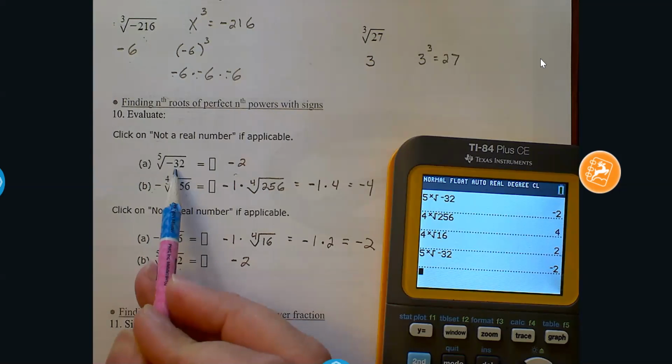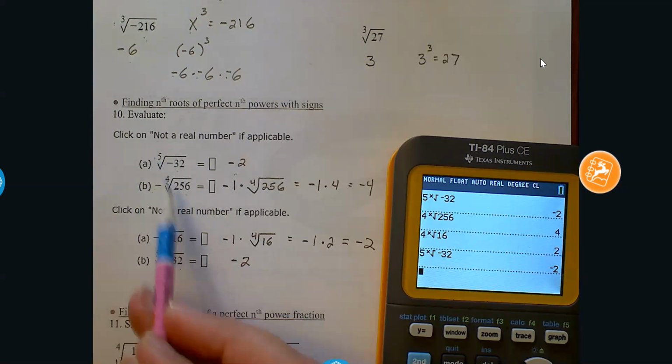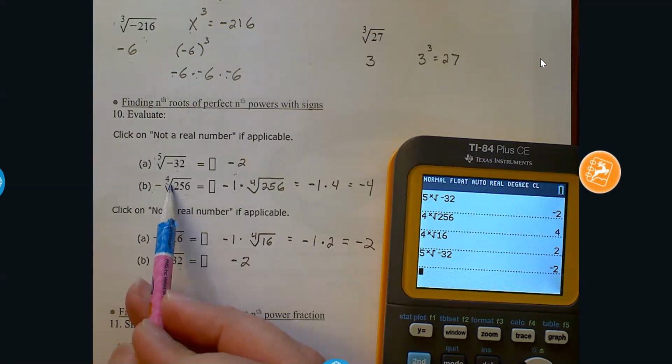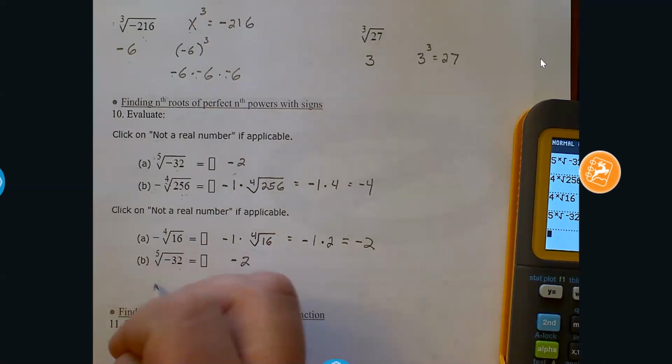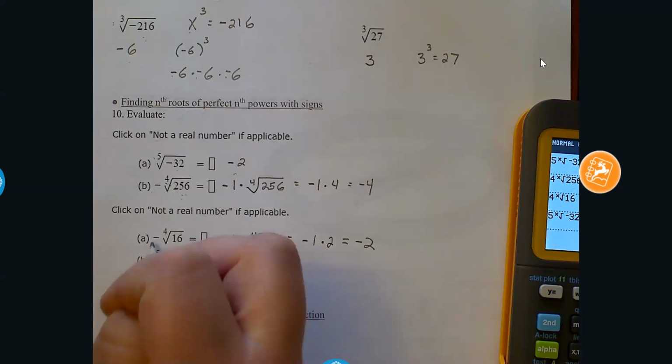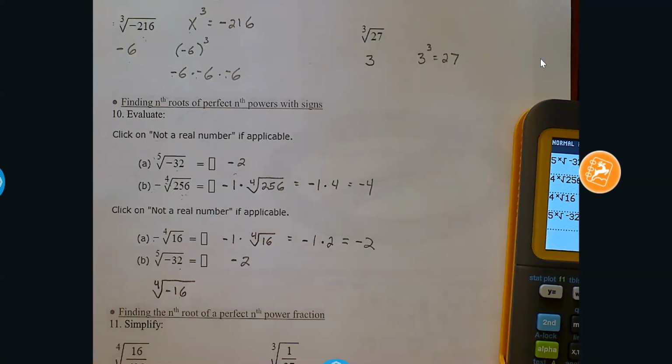A negative on the inside of an odd root is okay. A negative on the inside of an even root is not. So for example, if you had the fourth root of -16, if that negative was on the inside, the fourth root of -16 would be not a real number. Okay.